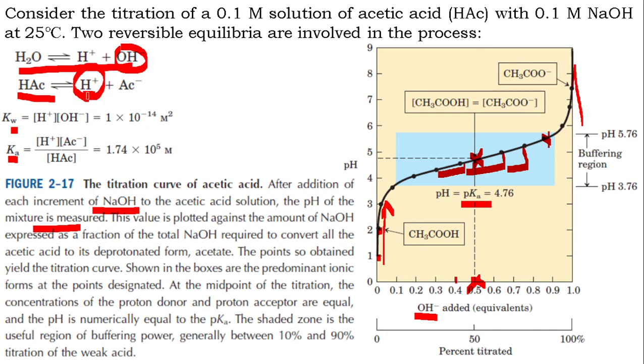So protons are removed, and remember Le Chatelier's principle. When this is in equilibrium, there is a certain amount of protons, and this proton is now removed for the formation of water. You know what happens as per Le Chatelier's principle? The reaction which produces the proton will increase. That means more of the acid is dissociating.